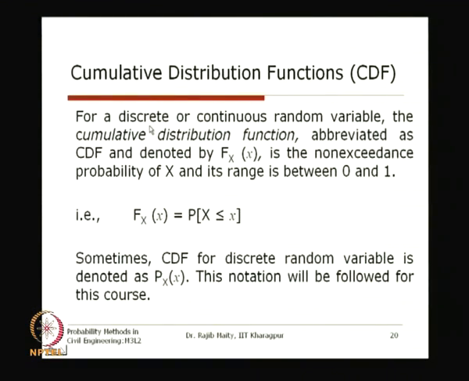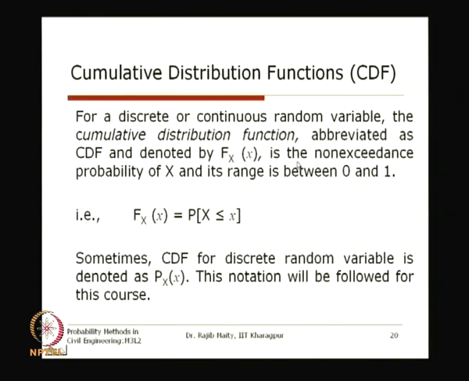So for a discrete or a continuous random variable, the cumulative distribution function, abbreviated as CDF, where the D stands for distribution, is denoted by F of x. Here x is the specific value of the random variable, and F of x is the non-exceedance probability of x, and its range is between 0 and 1.